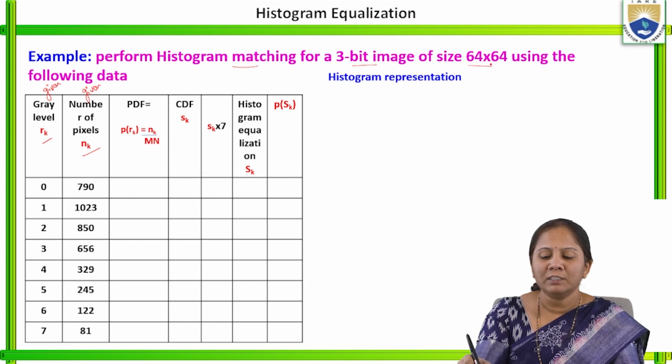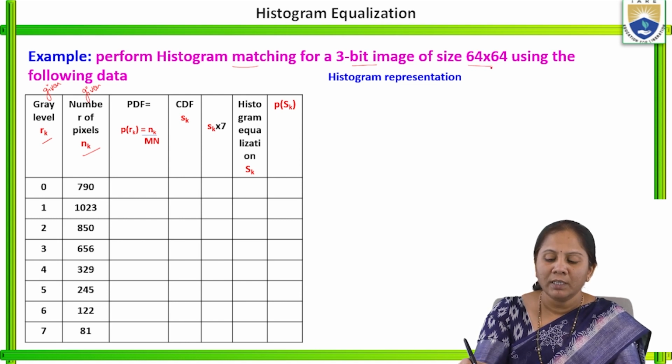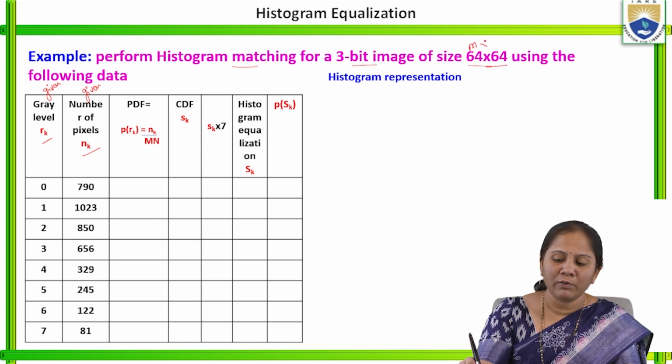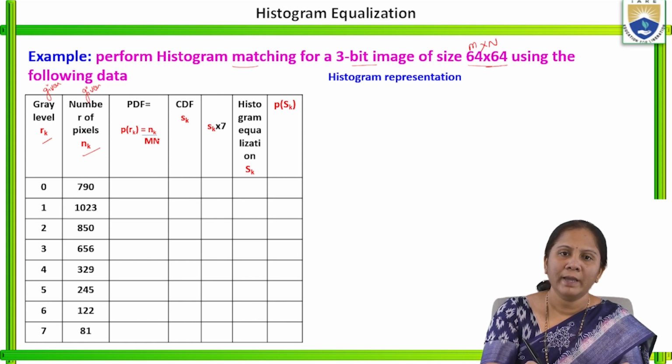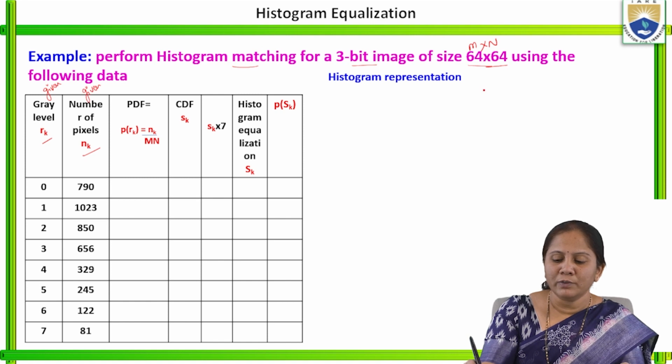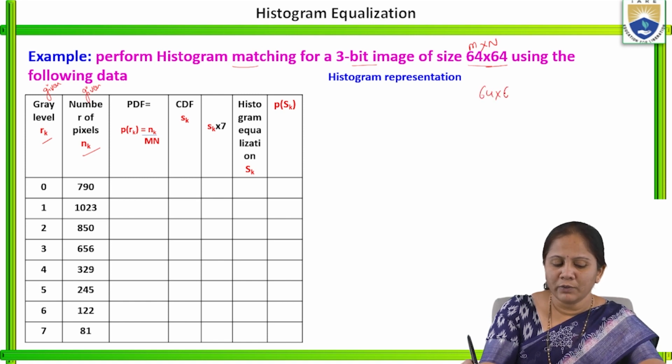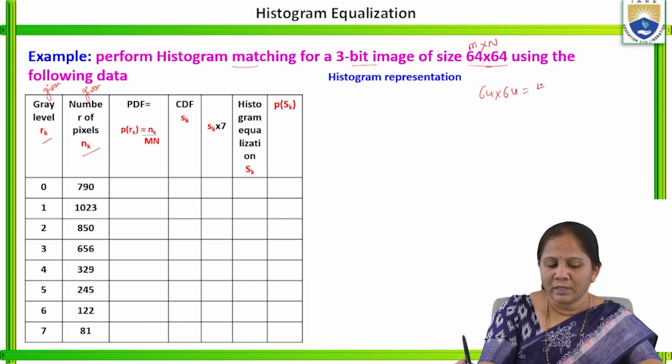So if we consider the question, the given image size is 64 by 64. What does this mean? 64 rows and 64 columns, arranged in the form of M by N. If you perform this 64 by 64 operation, the value we get is MN, which is 4096.